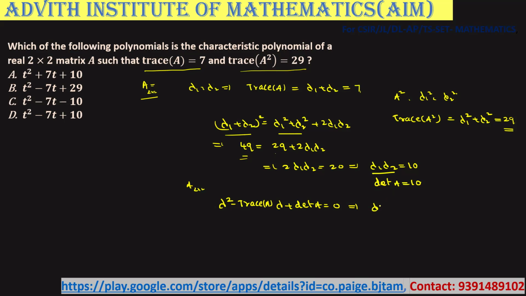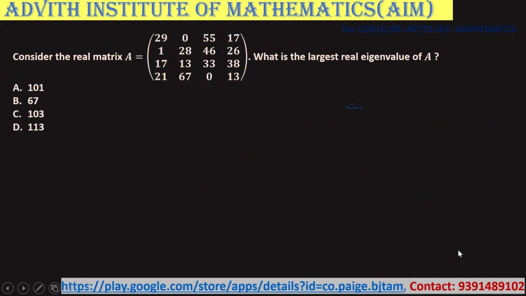So lambda square minus trace of A, which is 7, lambda plus determinant of A, which is 10, is equal to 0. In the options, lambda square minus 7 lambda plus 10 is option D. So option D is the right one. Option D is the right one.